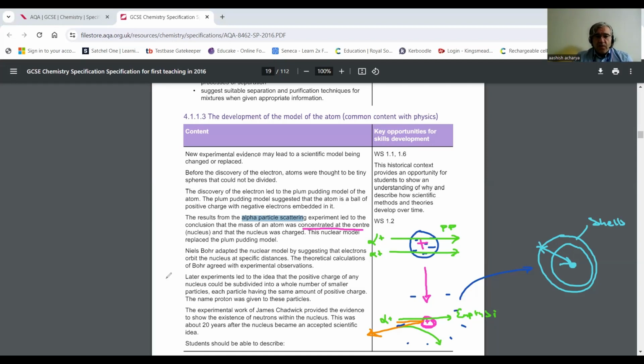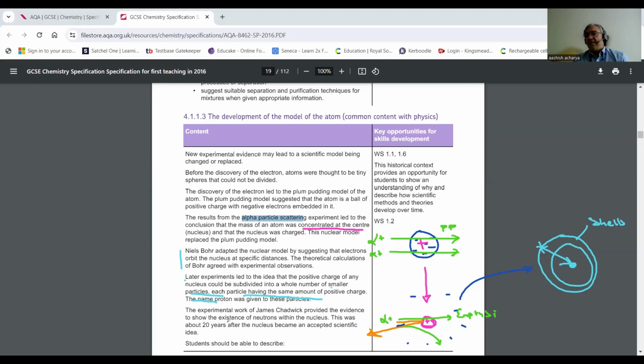So if we just keep on going, that's Niels Bohr. It says here, later experiments showed the idea that the positive charge of any nucleus could be subdivided into a whole number of smaller particles, each particle having the same amount of positive charge. So the positive charge of the nucleus is incredibly important, and that is due to the protons, and that is your unique identifier for an element.